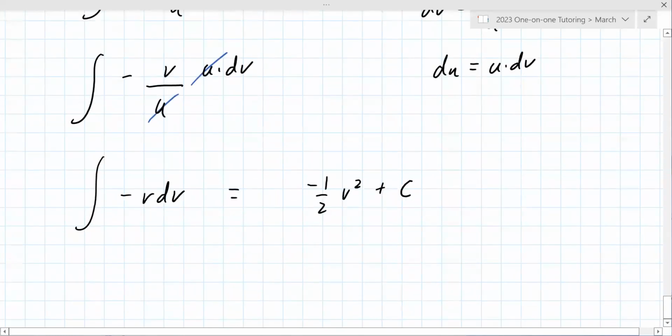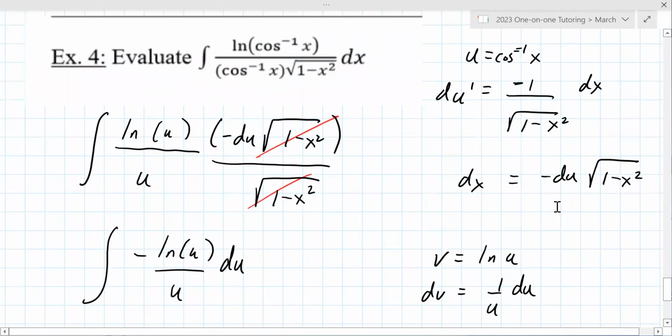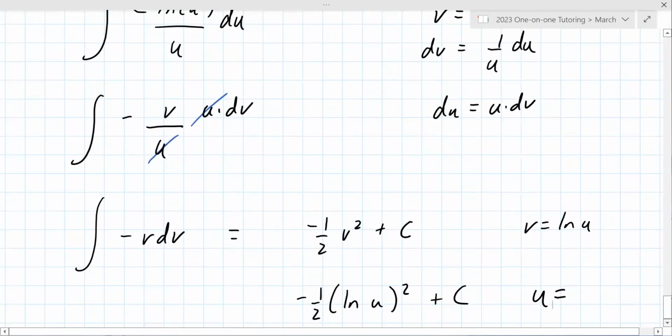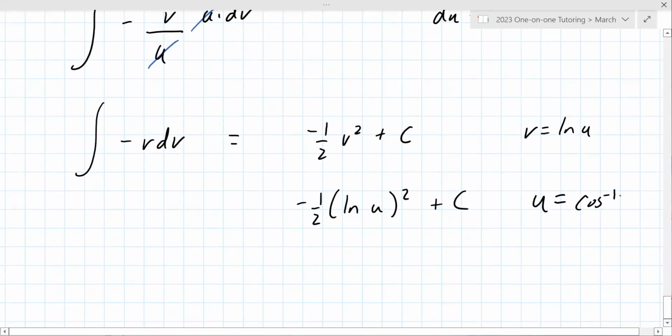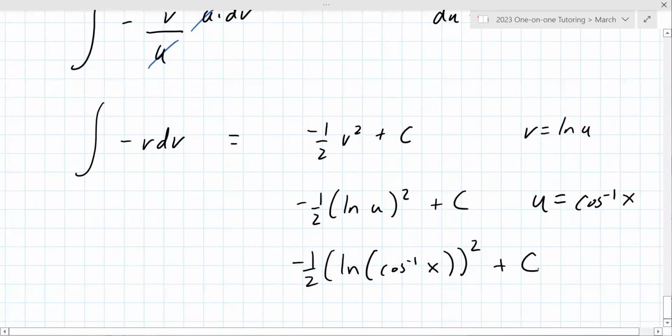So this is minus 1/2 natural log of u squared plus c. But u was really cosine inverse of x. So it's minus 1/2 natural log of cosine inverse of x squared plus c.